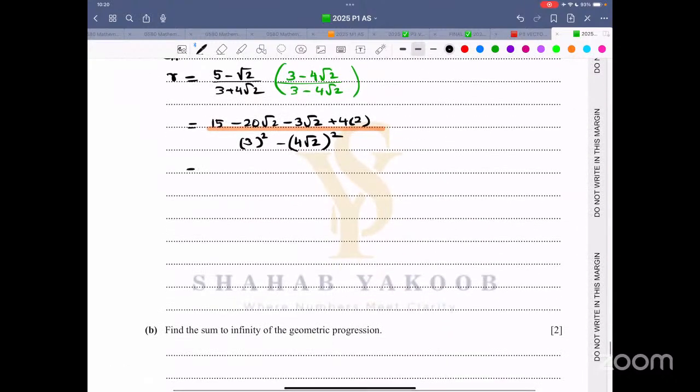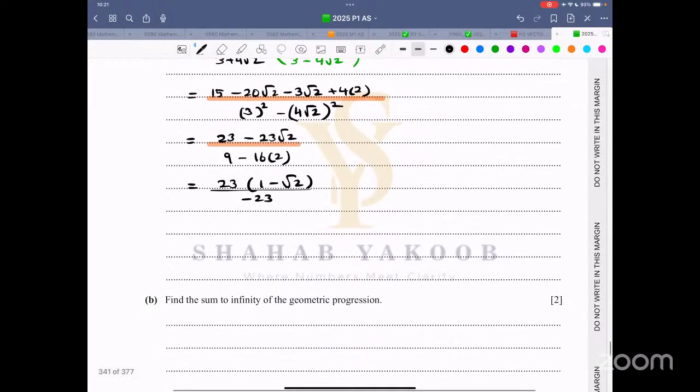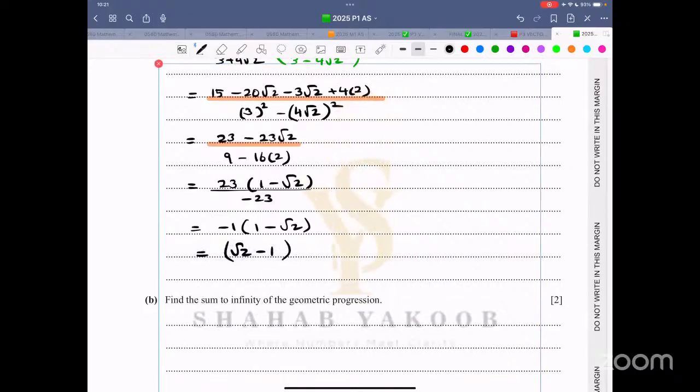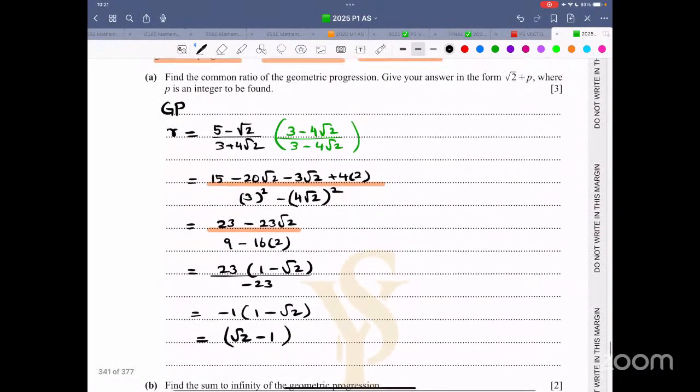So now this is 15 plus 8, that's 23, minus 23 root 2, and the denominator is 9 minus 16 into 2. So 9 minus 32, that is 23 with a negative sign. So 23 at the top, (1 minus root 2) divided by negative 23. That is negative 1 into (1 minus root 2). That is root 2 minus 1. So that is what you got as common ratio.